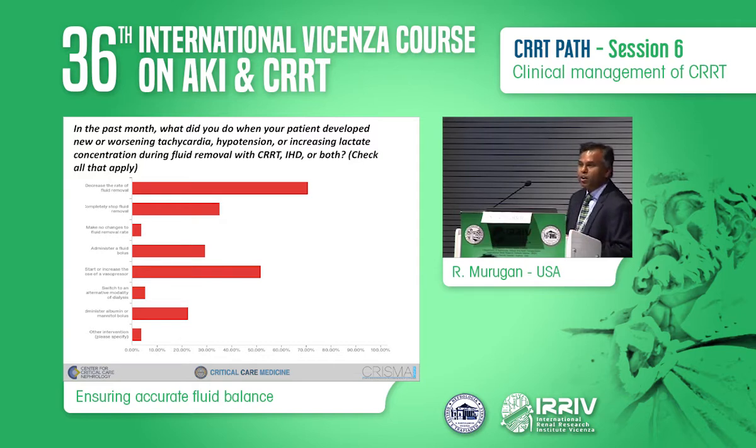Then we asked, what do you do when the patient gets hemodynamically unstable, with tachycardia, hypotension, increasing lactate? Again, there's a wide variation in what people actually do. Some people said we'll decrease the rate of fluid removal. Some will stop it. Some said we'll increase the vasopressor dose.